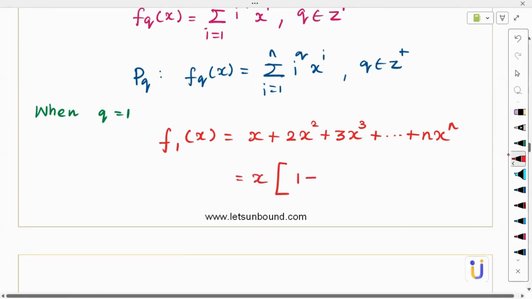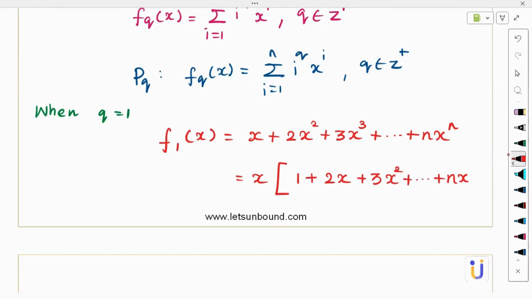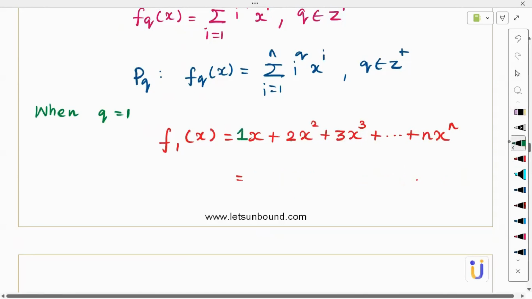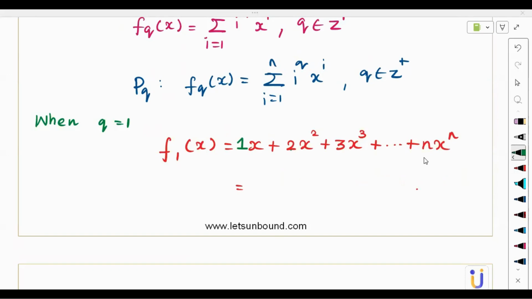And I will have 1 plus 2x plus 3x square plus and so on, n x power n minus 1. Okay, I think we can keep it over here. Okay, so this can be written as 1, 2, 3, 4, and so on, n, right?